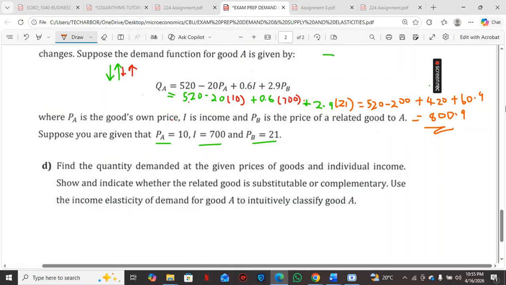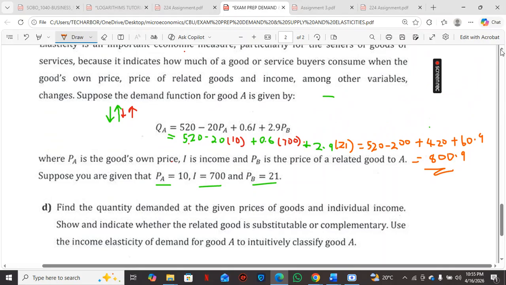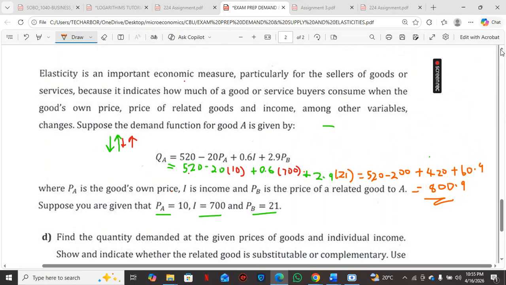Okay. So I'm going to show you how we calculate all the elasticities of demand for this question using calculus. Here's the question.